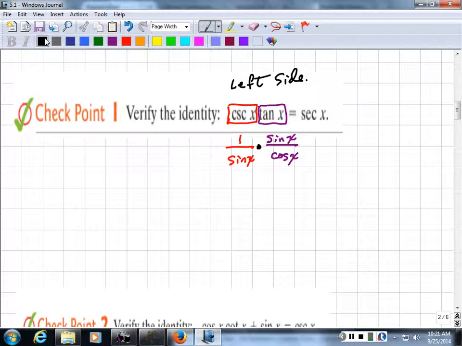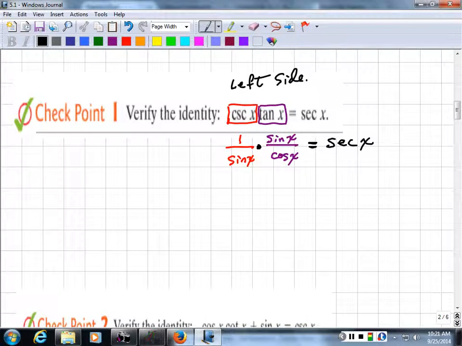Okay? And that is still going to be equal to the secant of x. Technically, I should be thinking in terms of a question mark. But when it says verify the identity, we're going to assume that that is a true statement. I just have to make sure that it is the same on the left as it is on the right.